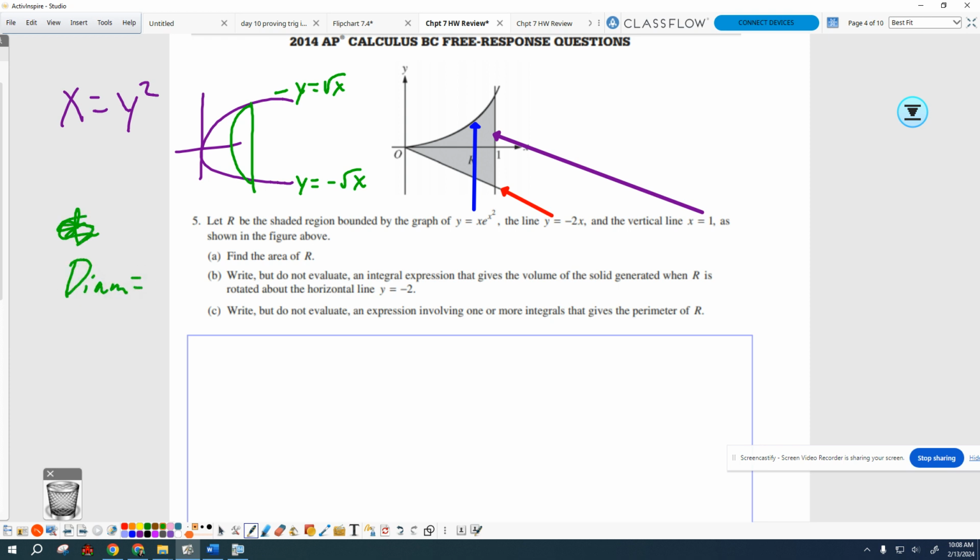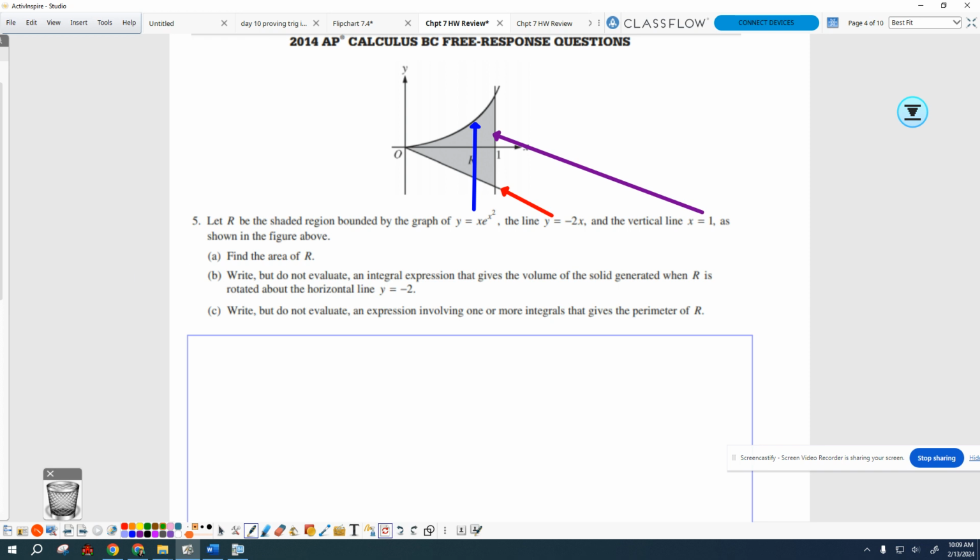The diameter in this case would be root x minus negative root x, which is 2 root x, and the radius is root x. So the area is pi root x squared over 2. That's golden, but it takes a while to get there. Okay, that's fine. Alright, guys, actually try this question.